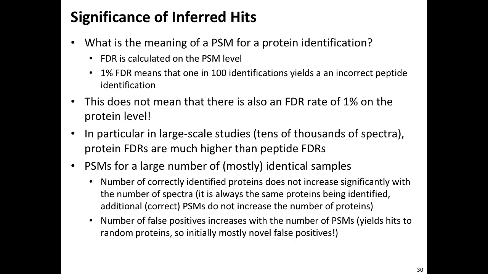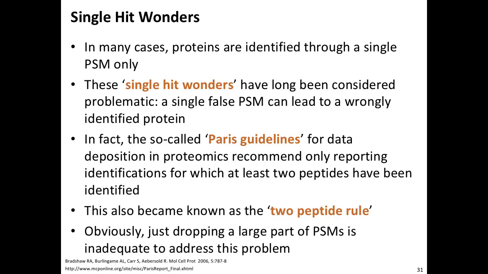But what happens to the incorrect identifications? Well, they accumulate because they're random. If they're incorrect, these false discoveries sort of scatter over all the sequence space. So if you accumulate 100, 200 samples, you also accumulate false identifications. And that leads to a very different picture on the protein rate.